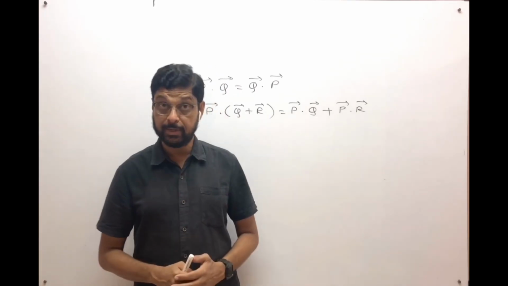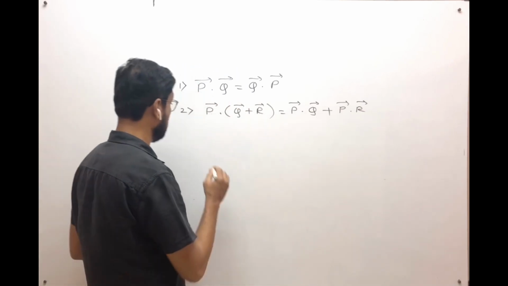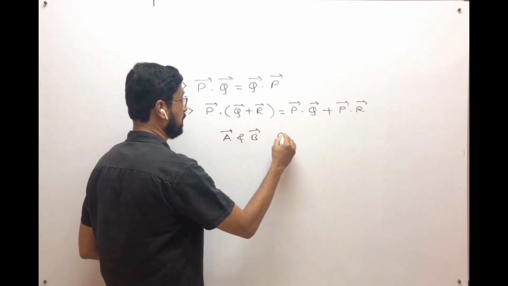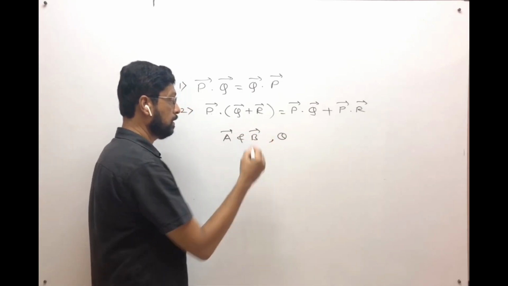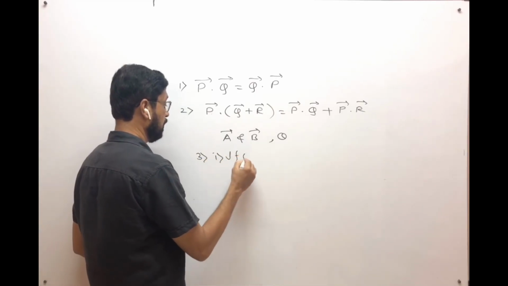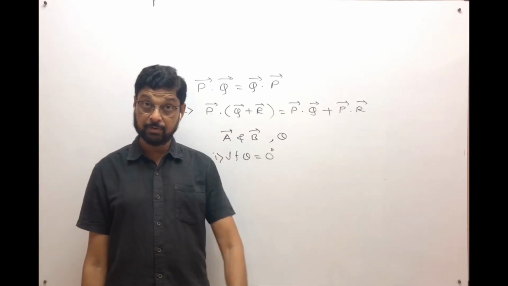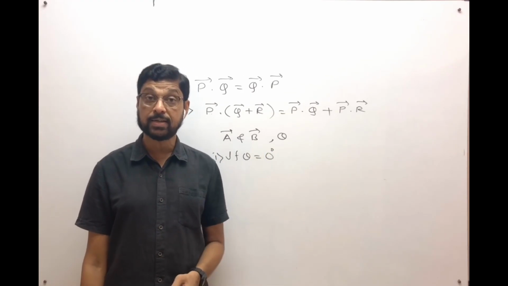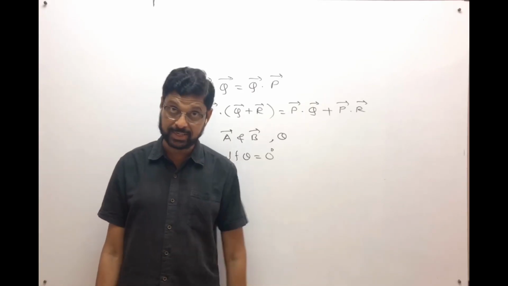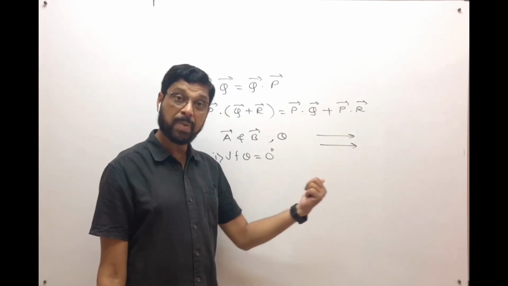The third property, it is about the angles between the two vectors. Suppose the two vectors are A and B, and theta is the angle between them. Then if theta is equal to 0 degree, theta is equal to 0 degree means the two vectors are in the same direction, or they are parallel vectors.